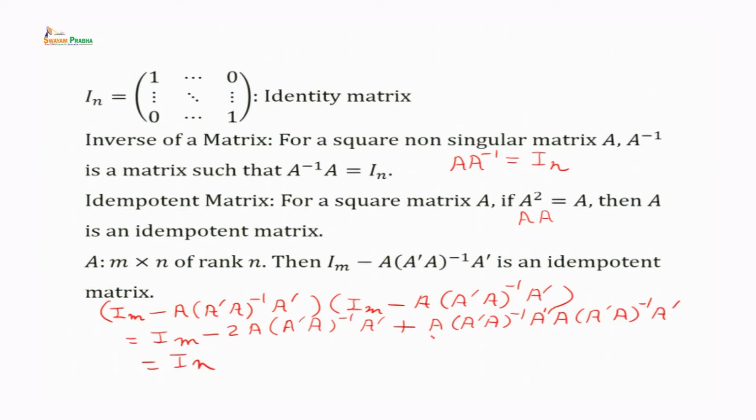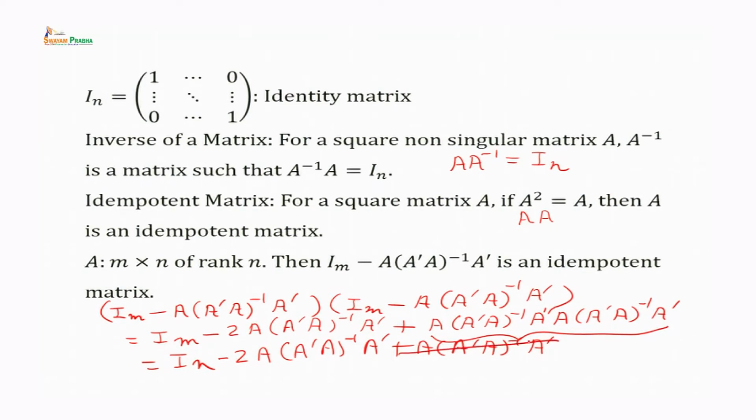Now, this matrix is actually equal to, you have A transpose A inverse equal to identity matrix. So, finally, you obtain minus 2 times A (A transpose A) inverse A transpose plus A (A transpose A) inverse A transpose.